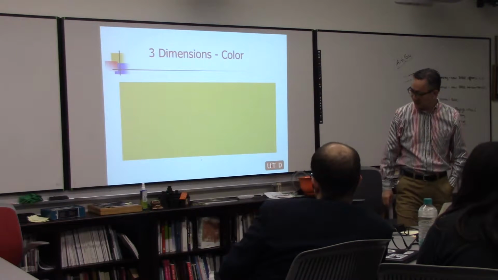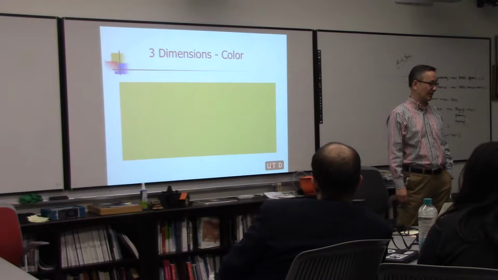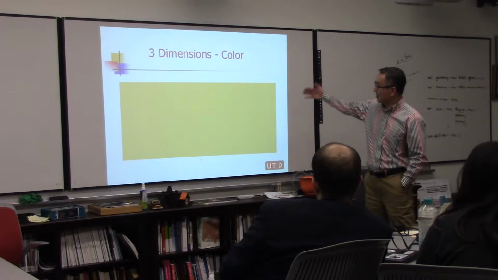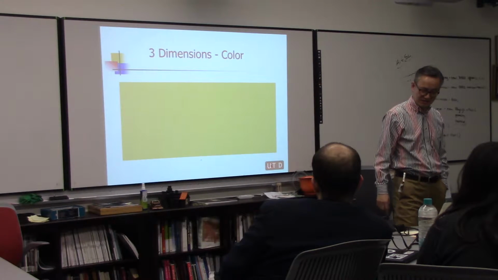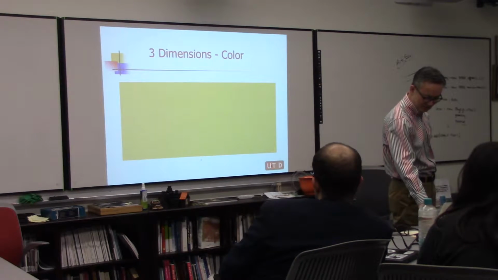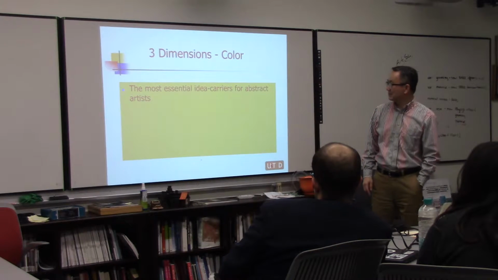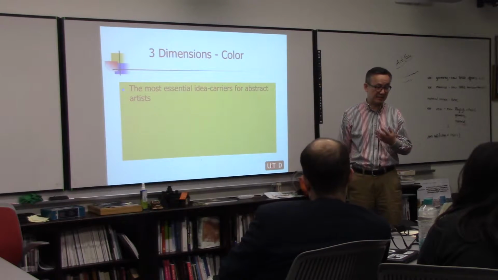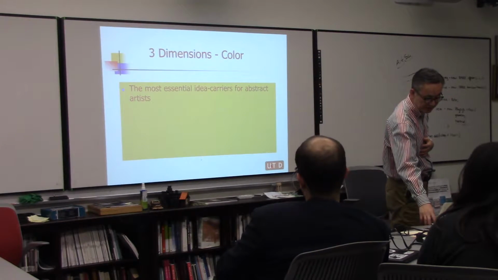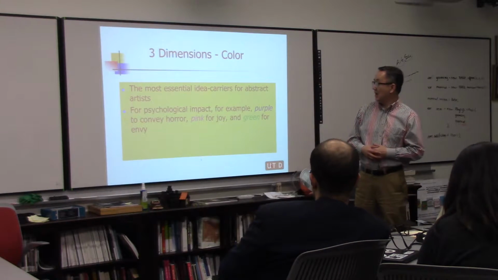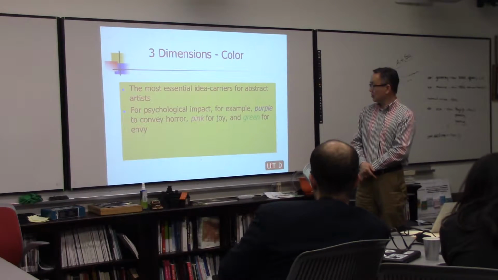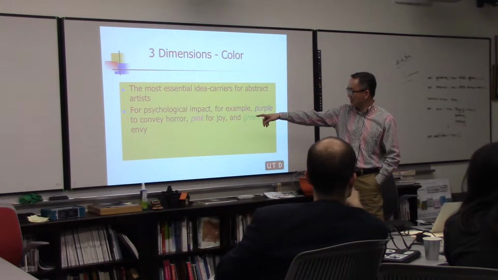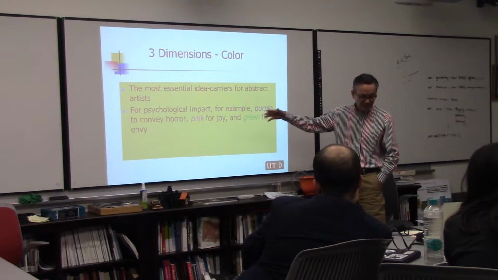And the third form, second form, sorry, is color. And that's why I use a background with color, because we have the white color as well. The most essential idea carrier for abstract artists basically is color, and color is heavily used for psychological impact, for example, purple to convey horror, pink for joy, and green for envy.